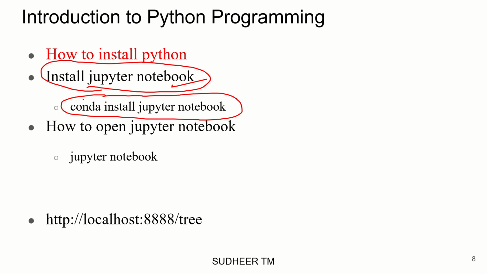Jupyter, with a J, not an I: Jupyter space Notebook. Jupyter Notebook is a package, as we discussed in the previous slide. Whenever you want to install a package, you give the command conda install package name. So here Jupyter Notebook is the package name. Just press enter and it will install all the requisites for Jupyter Notebook into your environment.